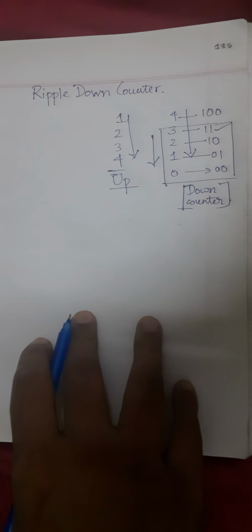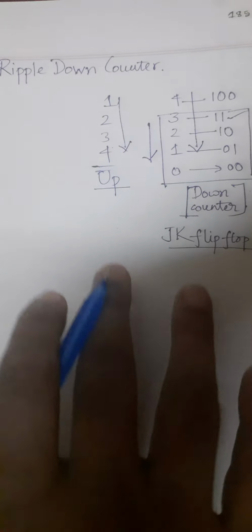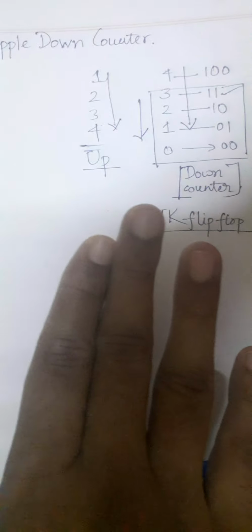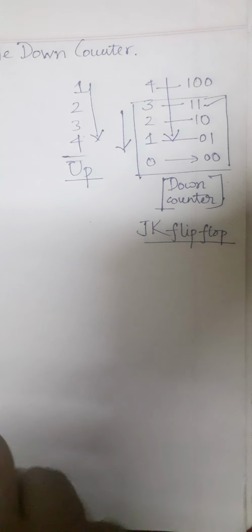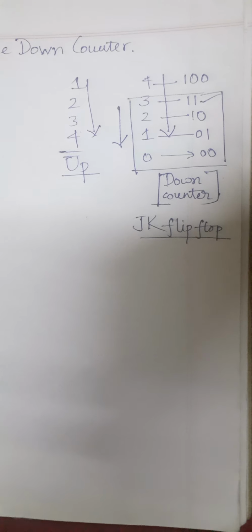Now, what are the components that will be needed for constructing this ripple down counter? Can you tell? The component that will be needed is a JK flip-flop. Okay, JK flip-flop. I hope you remember the functionality of a JK flip-flop. If not, I will try to give you a brief idea about that once again so that you don't get confused.